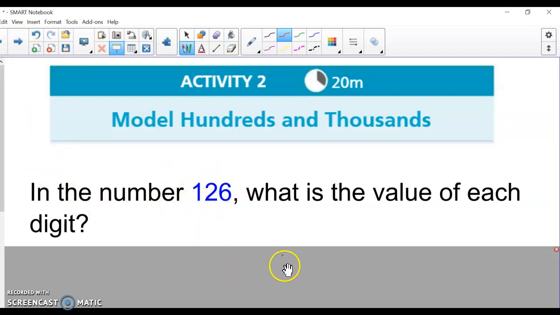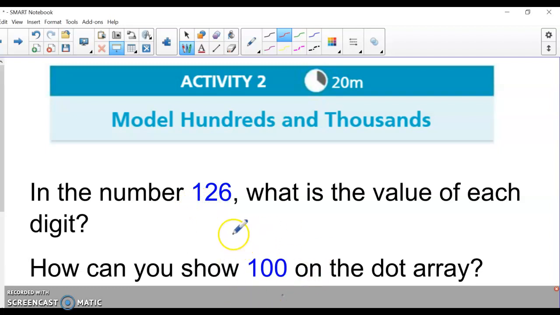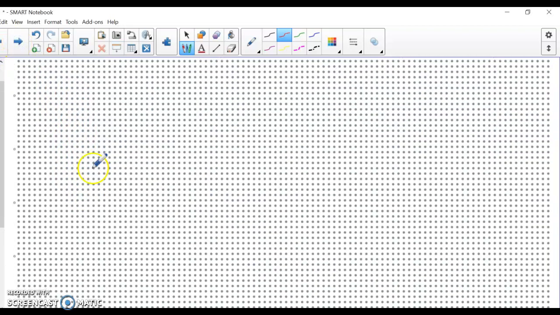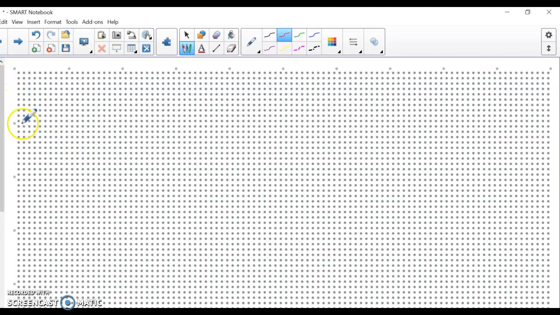And so I want to now think about 126. What do I do with that 1? How can I show 100 on the dot array? Well, let's look at this. If I want to do 100, I know from here to here is 10, from here to here is 10. So let's think about this. Now, our array is going to be a box, right?